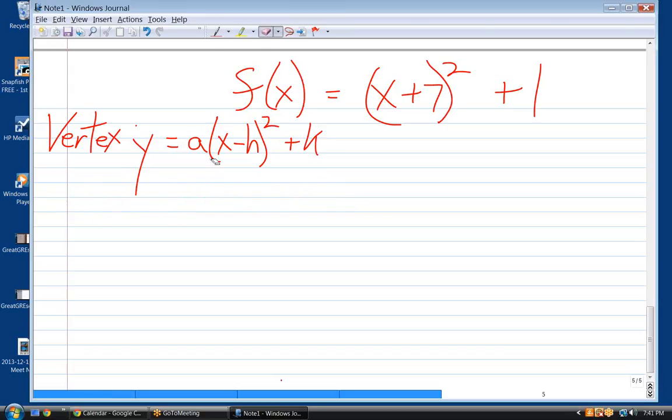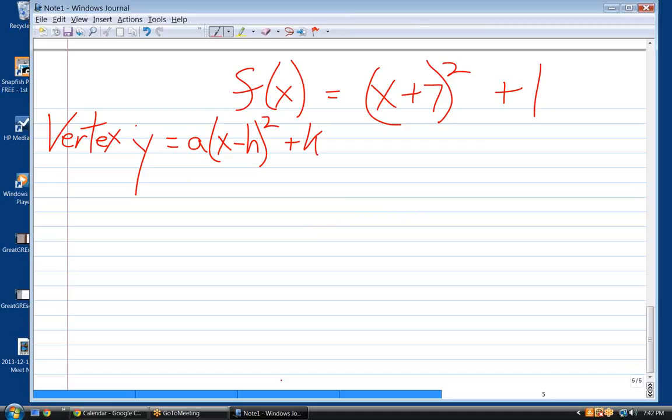Because if we have it in vertex format, then we know where the vertex is. Oh no, this asked for the axis of symmetry, which is merely the x-coordinate of the vertex. The axis of symmetry is the vertical line x equals h. So what is h in this formula?